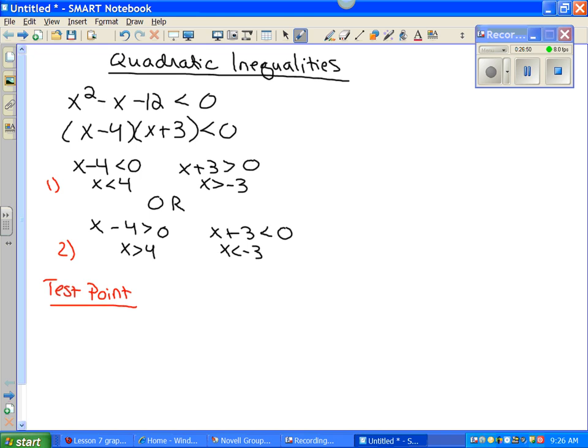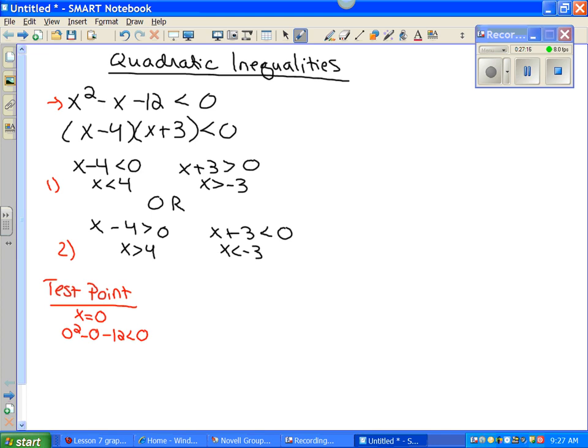Okay, and we're going to make the test point really easy. We're going to make the test point be 0. 0 is the easiest test point to use because 0 times anything is 0. So I'm going to take that test point and plug it into the original inequality. 0 squared minus 0 minus 12 is less than 0.